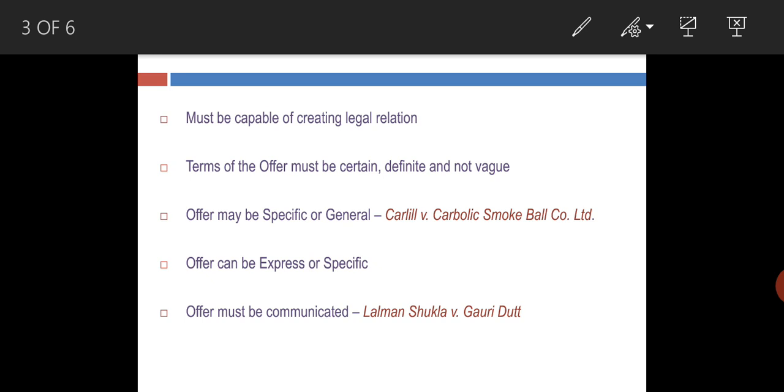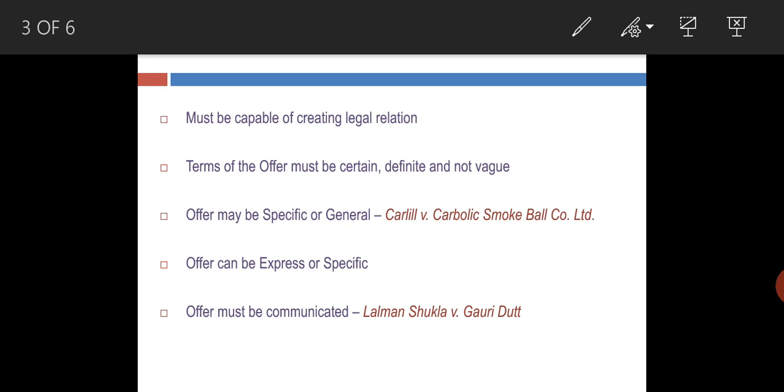In the meantime, Gauri Dutt, who had announced this particular reward of 1001 rupees, did not know about Lalman Shukla searching for the boy. Lalman Shukla, without the knowledge of this announcement of reward, searched for the boy, found the boy, and brought him home.